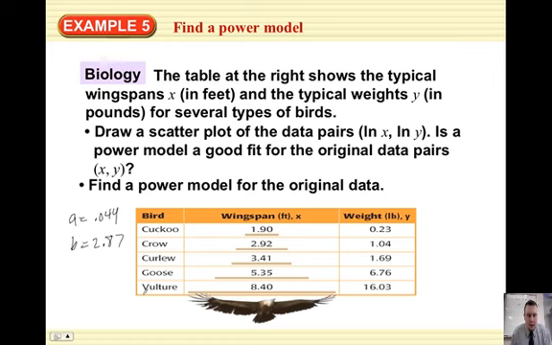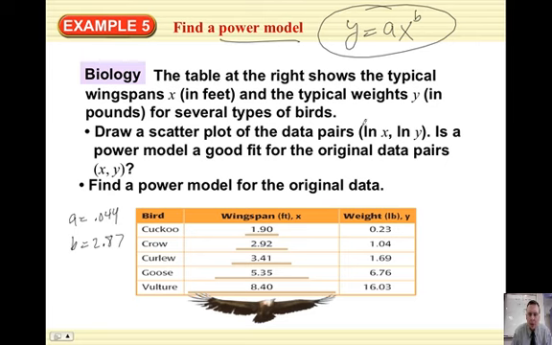All you have to do is know the right model. Power model: y equals A times x to the b, not the other way around, remember. So put in A and B right here. It becomes y equals 0.044 times x to the b power, which is 2.87.